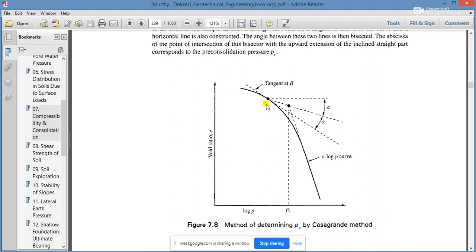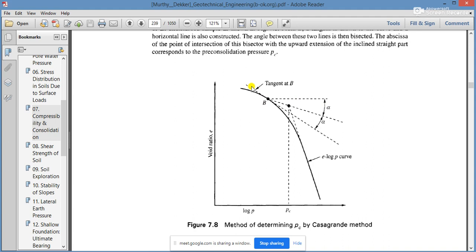So common thing, in every book it is written that the point B, the point of maximum curvature or minimum radius, is selected, and a horizontal line is drawn, you can see one dotted horizontal line. From B, going in the right direction, there is one horizontal dotted line. This horizontal line we have to draw.